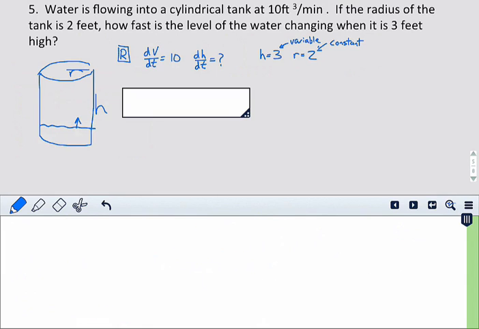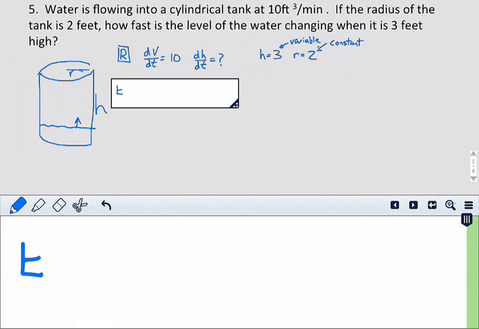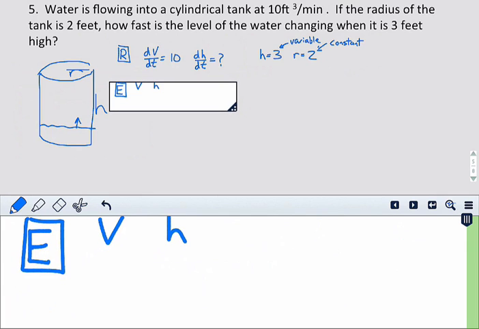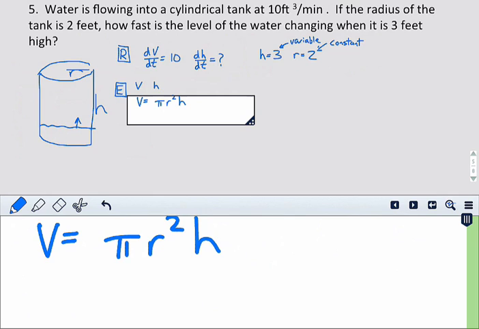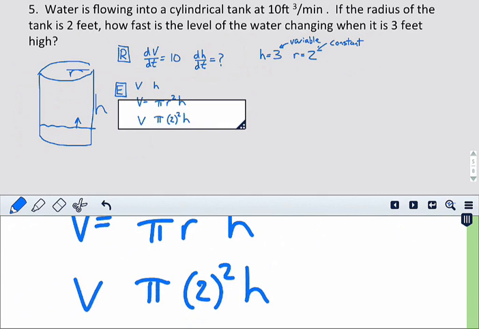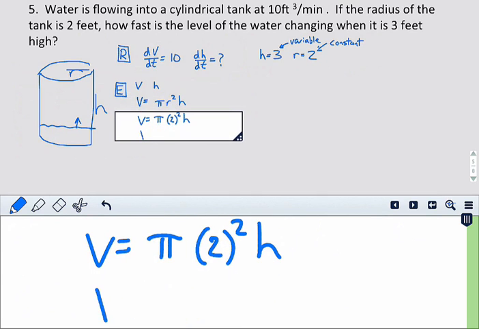So let's go ahead and get our equation now. So we need an equation with V and H. Well, one equation we do have is the volume of a cylinder, which is pi r squared h. Now it's okay that it has that extra r in there because we know r is constant. So r is always going to be 2, so we can just replace that constant there. And simplifying this, before we derive, we would get v equals 4 pi h.